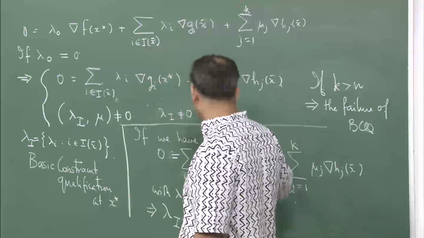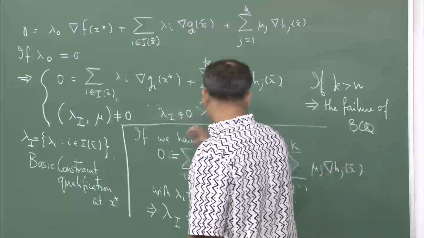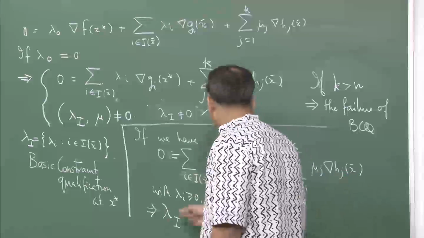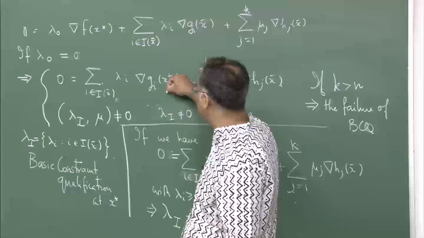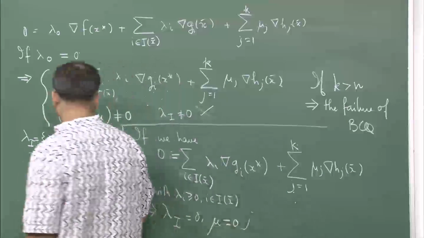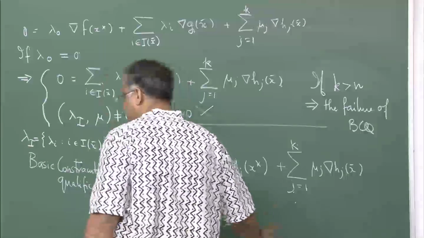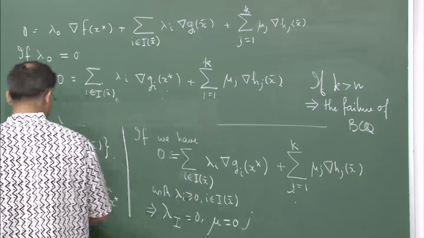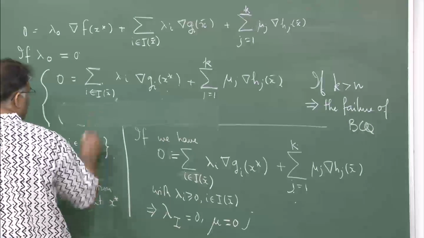So this system cannot have a solution. The satisfaction of this system, that whenever I have this equal to 0, is a failure of this system that I just wrote down.